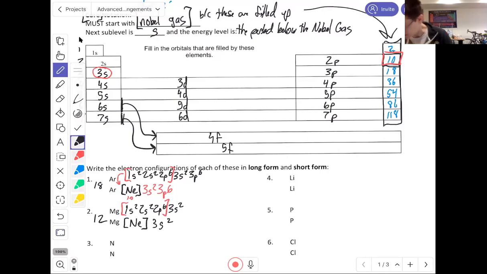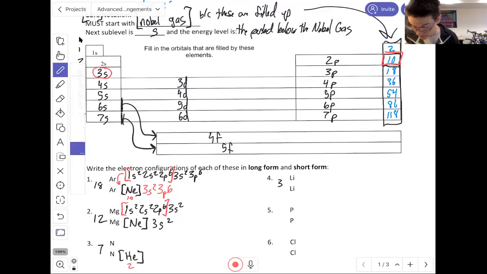Now, nitrogen and lithium are even smaller, and most people wouldn't use this core notation for elements as small as nitrogen and lithium. But if we were just going to write the core notation, what noble gas is smaller than 7? Helium. So I could put helium here. That stores only 2 electrons, but it's something.